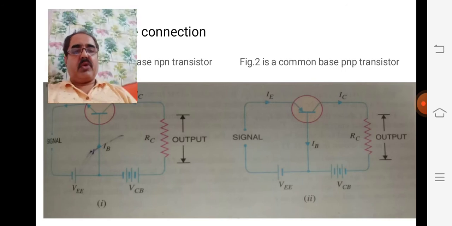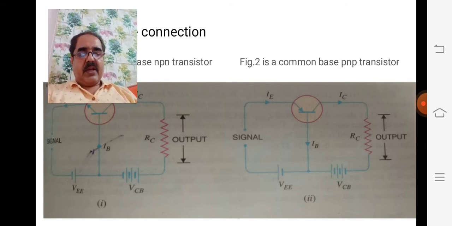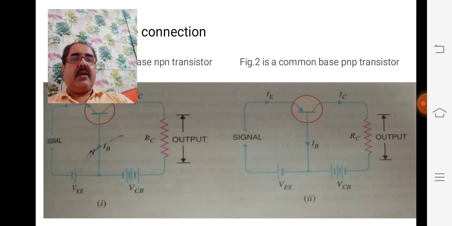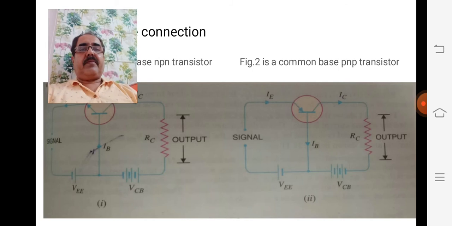Figure number 2 shows the common base PNP transistor, positive, negative, positive transistor circuit.